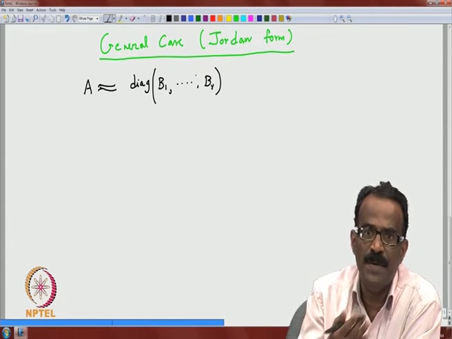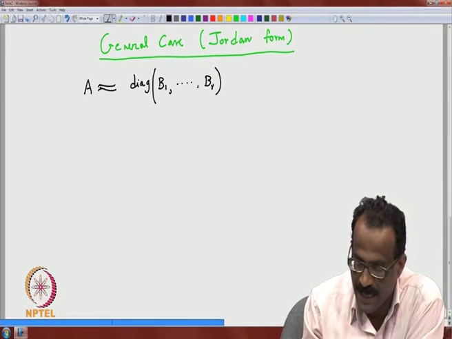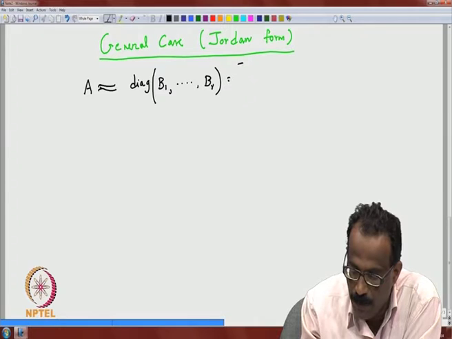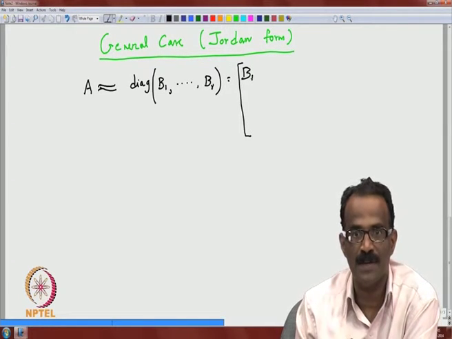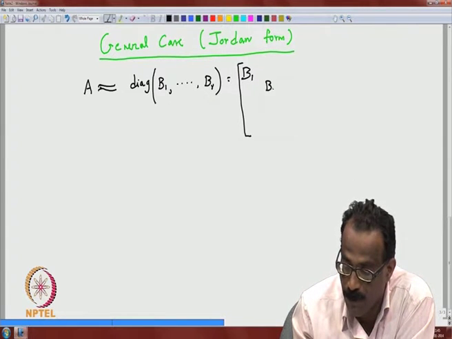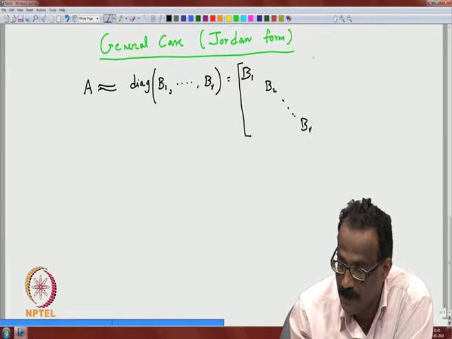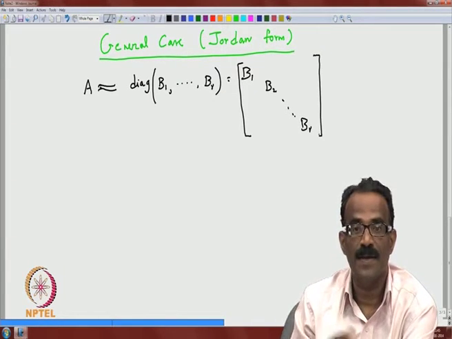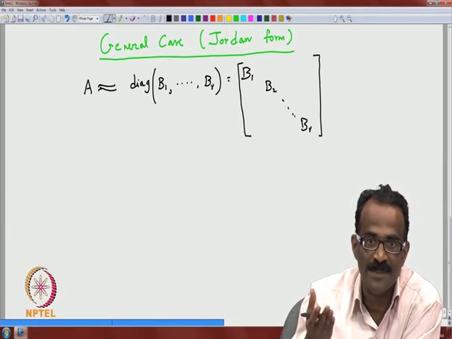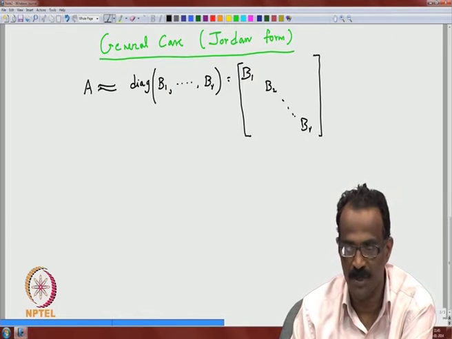Each Bi will have some order: B1 will have some order k1, B2 will have some order k2, and so on, Br will have some order kr. Of course, k1 plus k2 plus etc. plus kr will be equal to n. So the total order will be the n by n matrix.